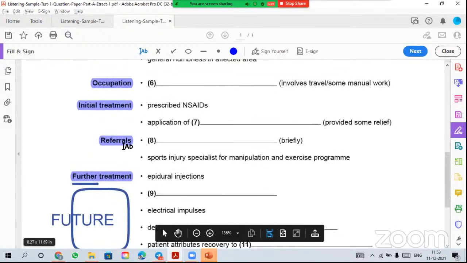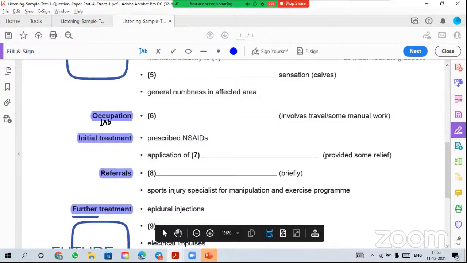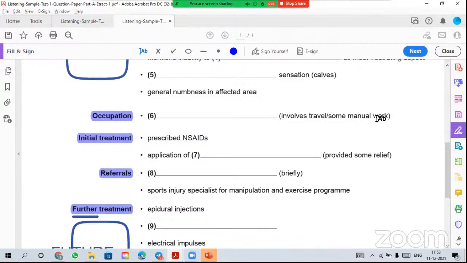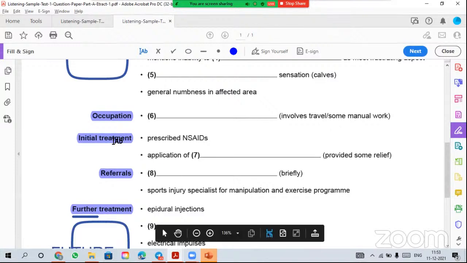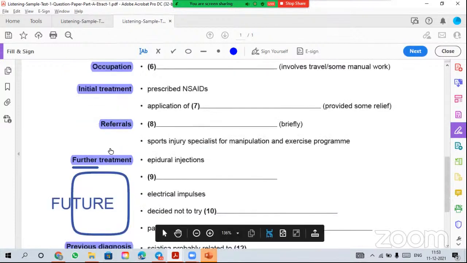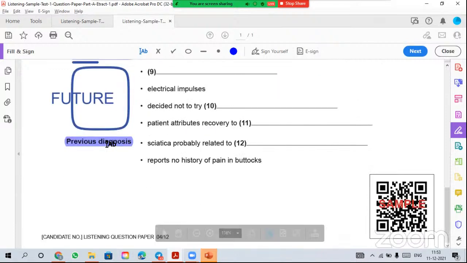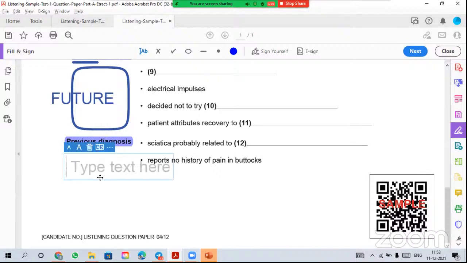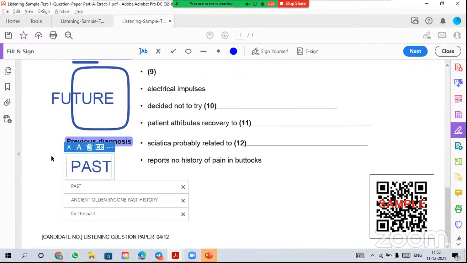Then occupation. This is about occupation, profession, job. The same words will not come: work, job, occupation, vocation. Different names may be there. So initial treatment, management, referrals. Further treatment. But previous diagnosis. Previous means past. So now you know what is what.